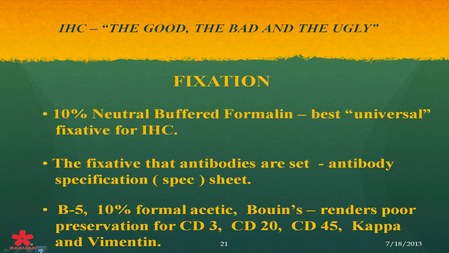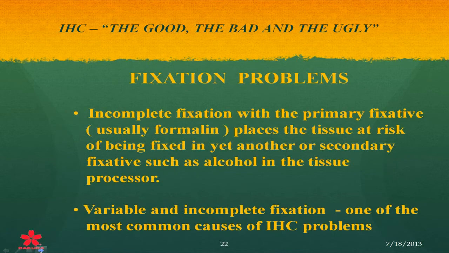Read the fixative that antibodies are set for on the antibody spec sheets. It's full of information. And two, if you're using B5 or 10% formal acetic acid Bouin's, it also renders poor preservation for CD3, CD20, all your CD markers, kappa and vimentin.